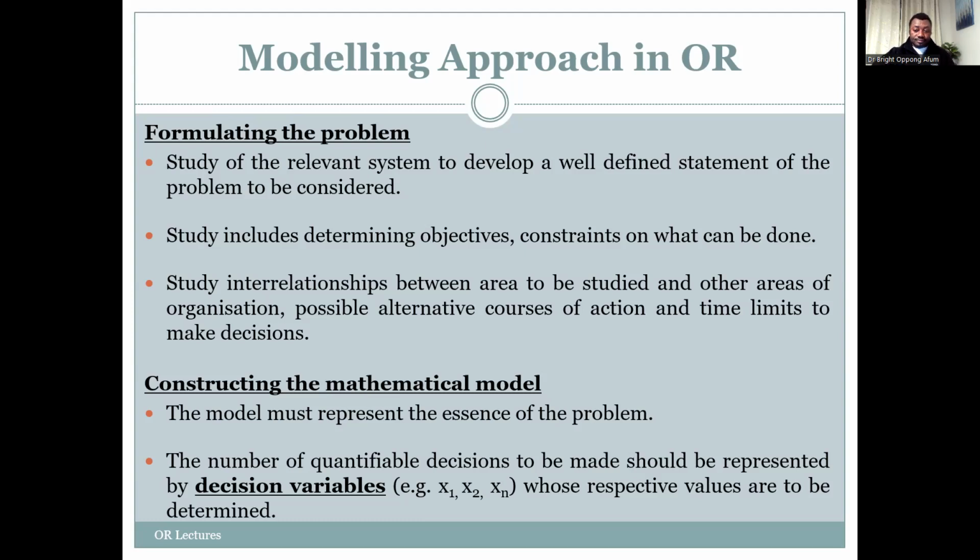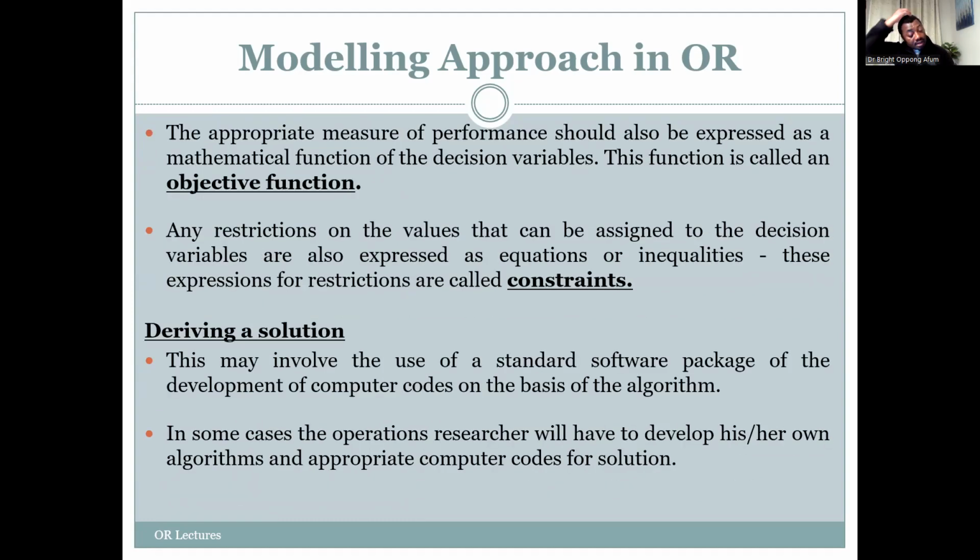And then we measure the performance of the model in terms of the mathematical function of the decision variables, which is called the objective function. So the objective of solving a problem is linked to the various decision variables, and we call it the objective function.